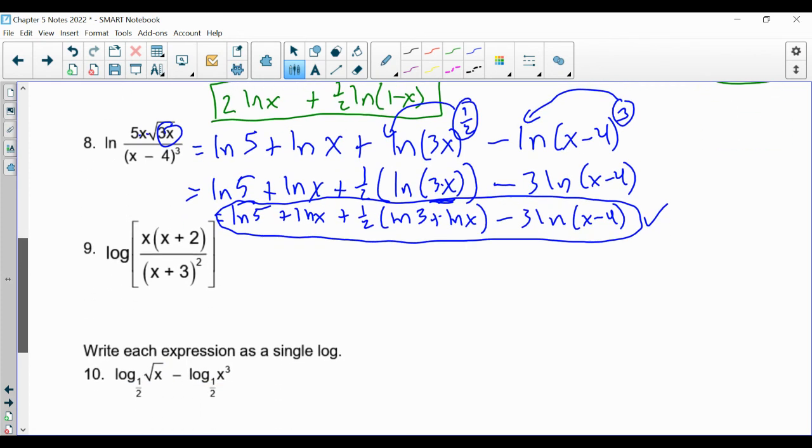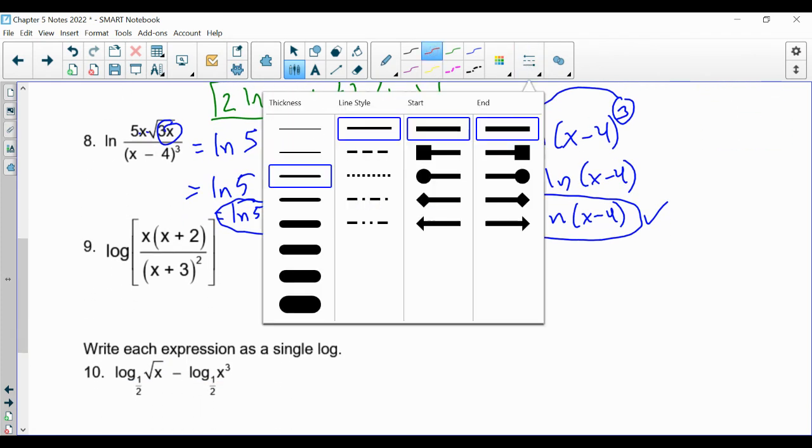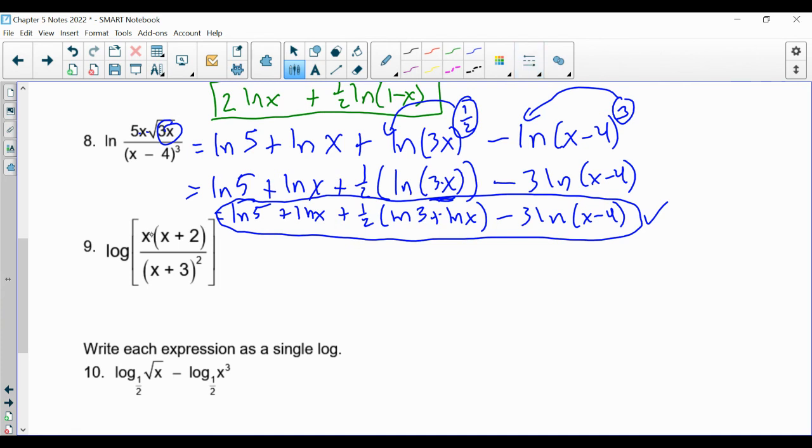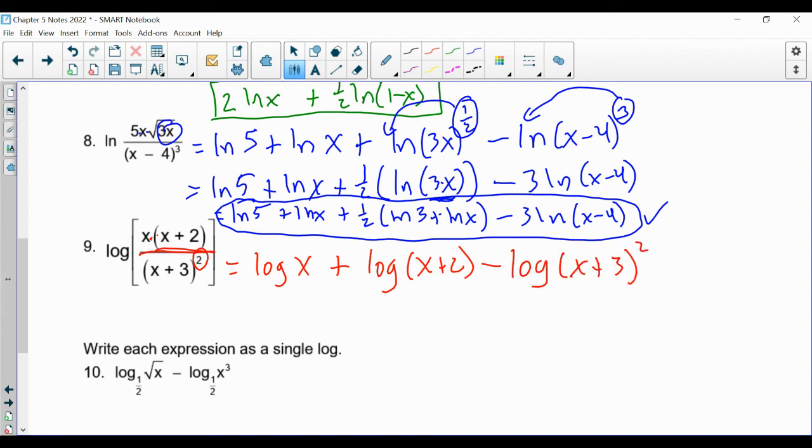Okay, so with this last one, we have multiplication here, right? x times (x plus 2). And then we have the division, and we have this power, so we've got to deal with all of that. So let's deal with the multiplication and division. So it's log x plus log (x plus 2), right? That deals with the multiplication of those two. But then we're all divided by log (x plus 3) to the second.